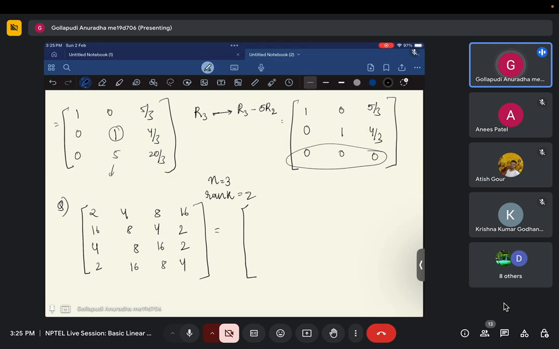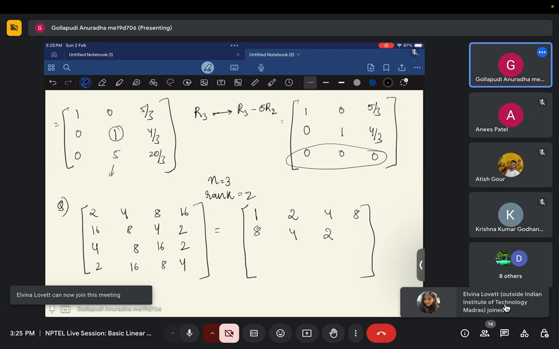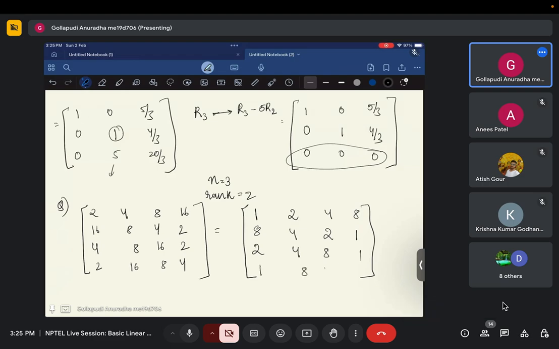That will not change the entire meaning of the matrix. So divided the entire matrix by 2.